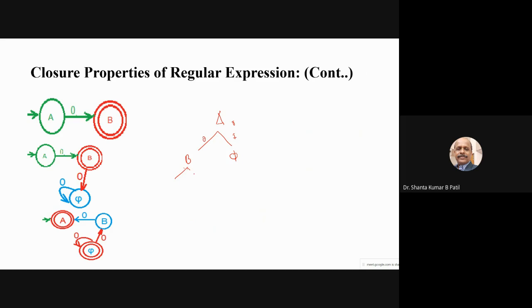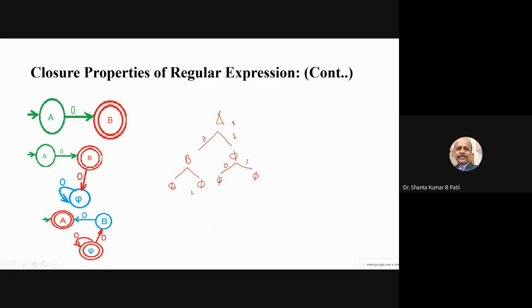B on 0, there is no transition, so you can write it as pi. B on 1, there is no transition, you can write it as pi. Pi on 0 is pi only, and pi on 1 is also pi.